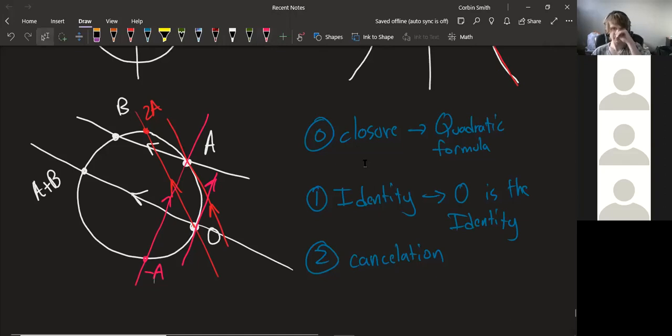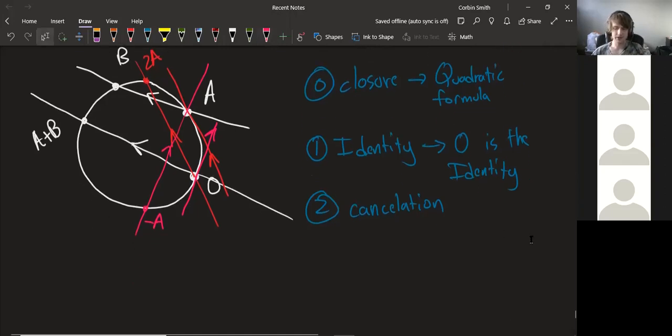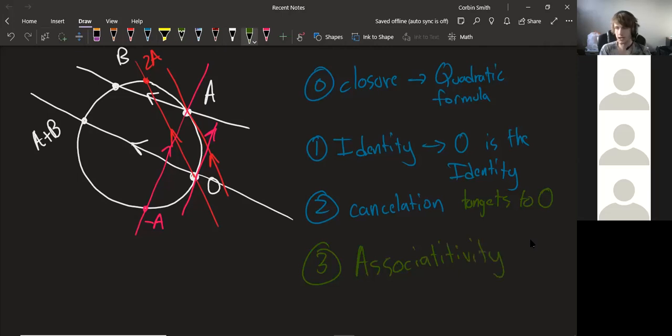Okay. So cancellation is given by tangents to O. Okay, now the third one is associativity. And I am going to invoke a formula here.